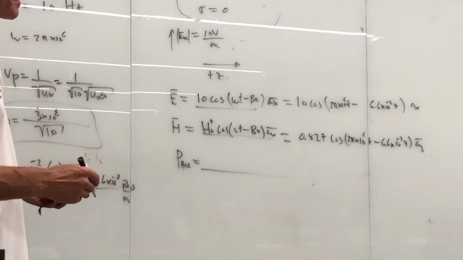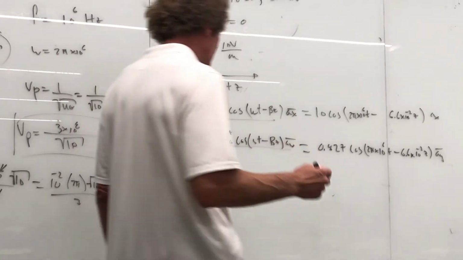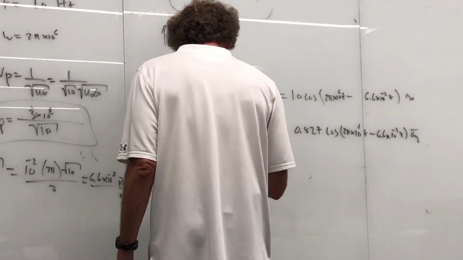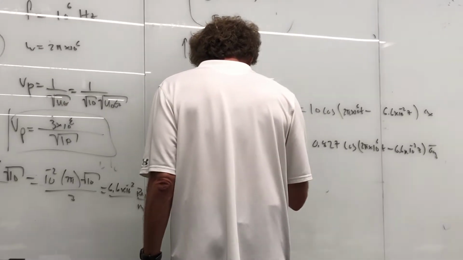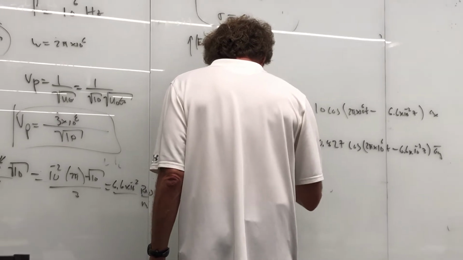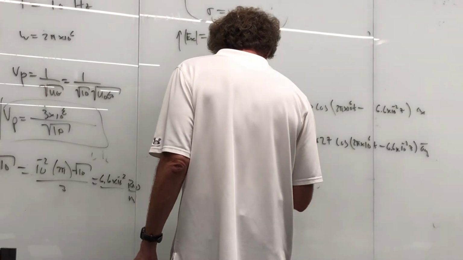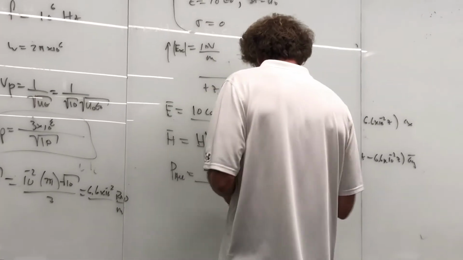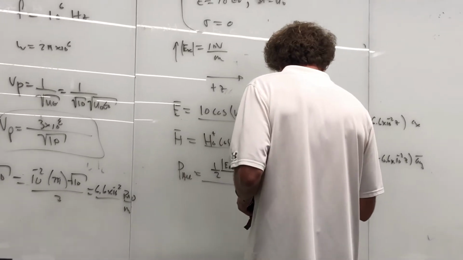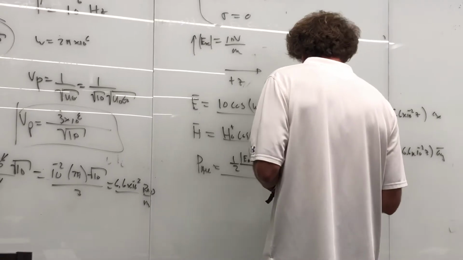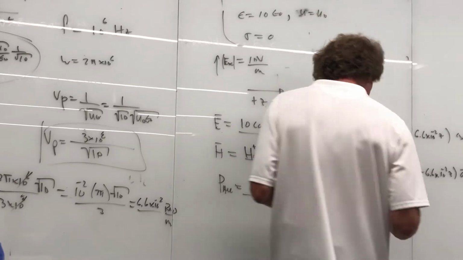Now what's the power? Well, from what I did, it would be what? Average power would be 1/2, and then it would be simply what? Magnitude of E naught plus times magnitude of H naught plus, and it would be in the AZ direction, but that would be 1/2 magnitude of E naught plus, and H naught plus is, again, magnitude of E naught plus divided by eta, isn't it?